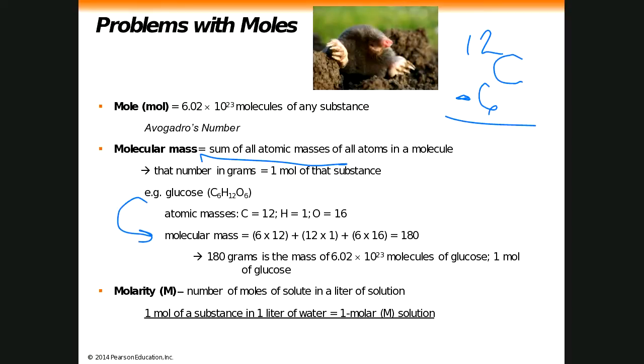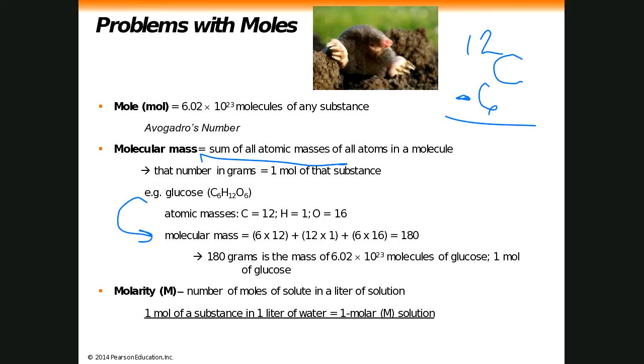In the case of glucose, if someone said to you, hey, Steve, go on into the lab and get me 1 mole of glucose, whoever's told me this, they want me to get them 6.02 times 10 to the 23rd molecules of glucose. That big long number is how much they want. So I go into the lab and I measure out 180 grams.